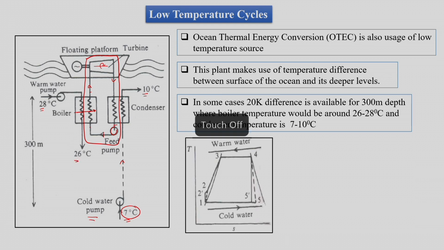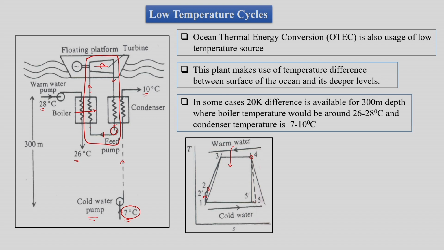Having said this, we can roughly plot our Rankine cycle over here, where we have the pump from 1 to 2, a pumping process from low pressure to high pressure. Then warm water from the surface of the sea gives its heat to the refrigerant, and the refrigerant goes from this point to this point, which is the saturation vapor line.